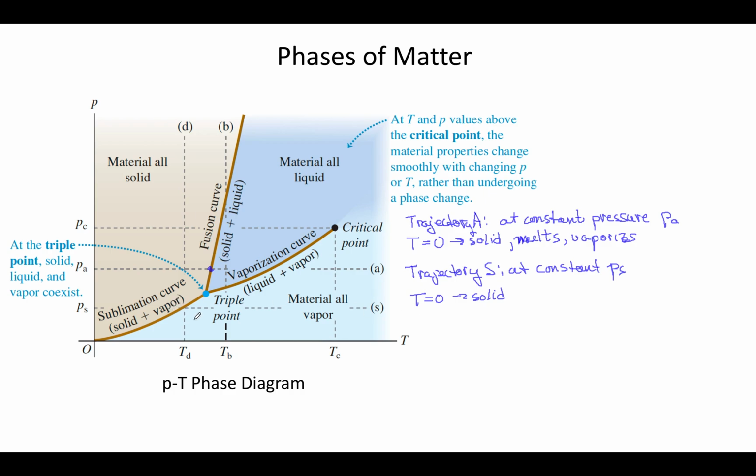But eventually you get to this point T sub D, and you get sublimation, a phase transition, solid to vapor. So you have the coexistence of the solid and the vapor until eventually enough heat energy is added and there's no more solid, it's all vapor, and then it just keeps going, increasing its temperature.